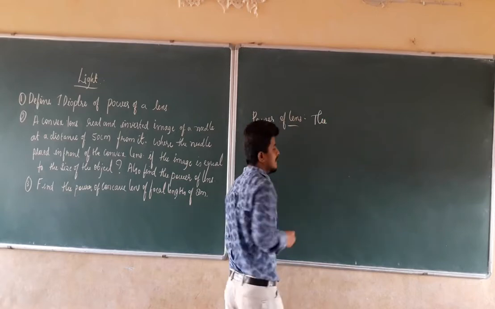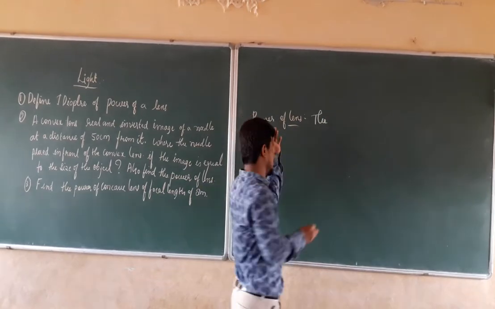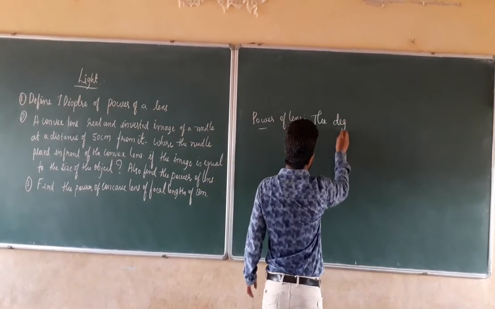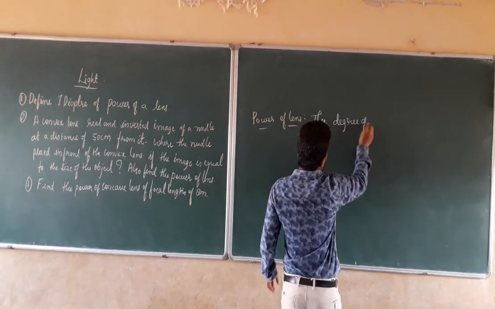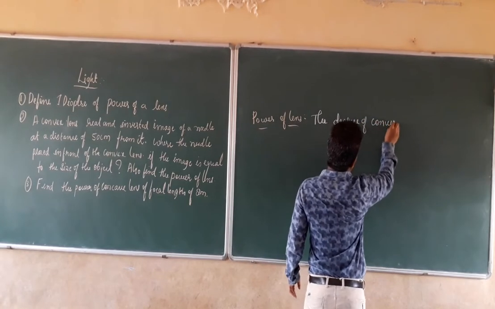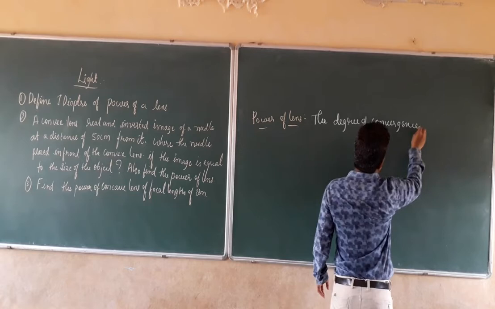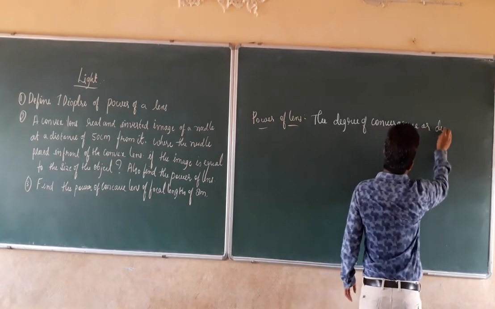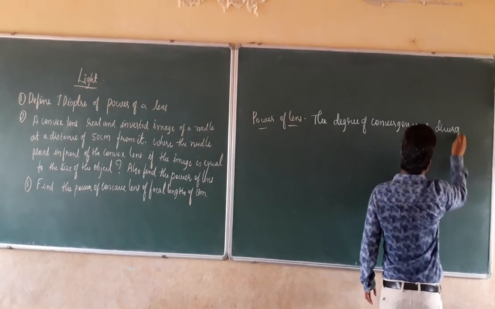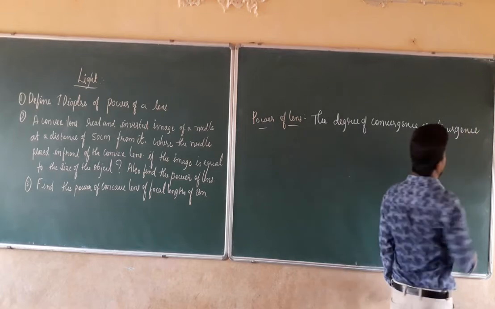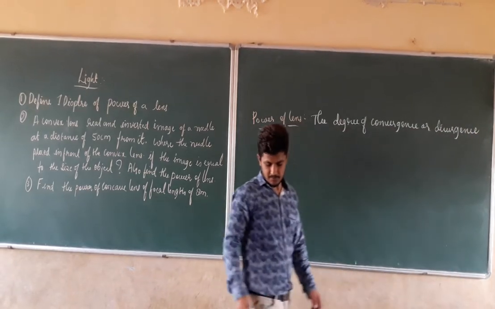The power of the lens can be given as the degree of convergence or divergence. Right?